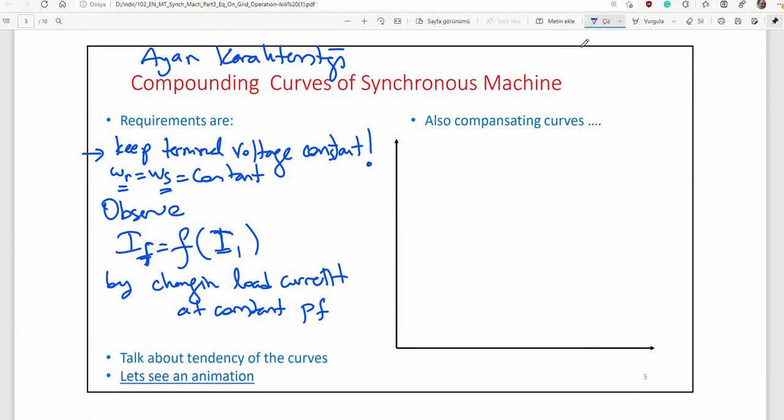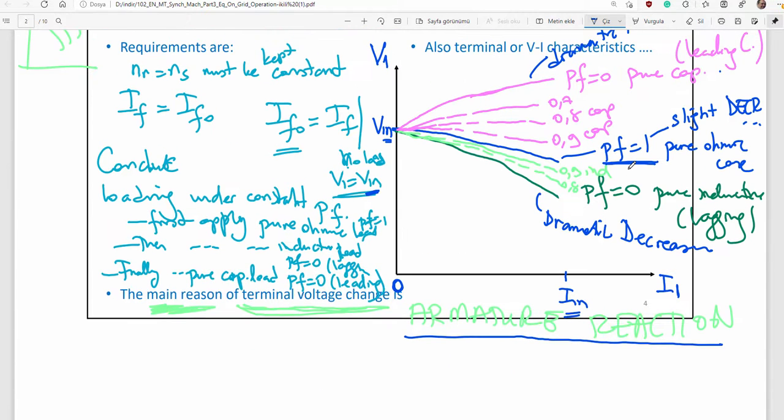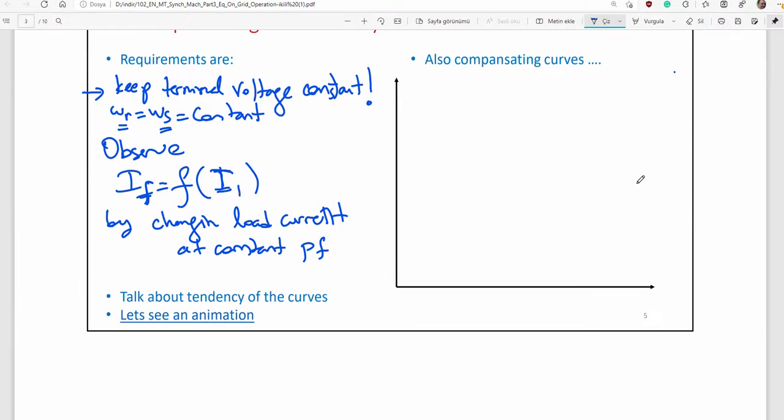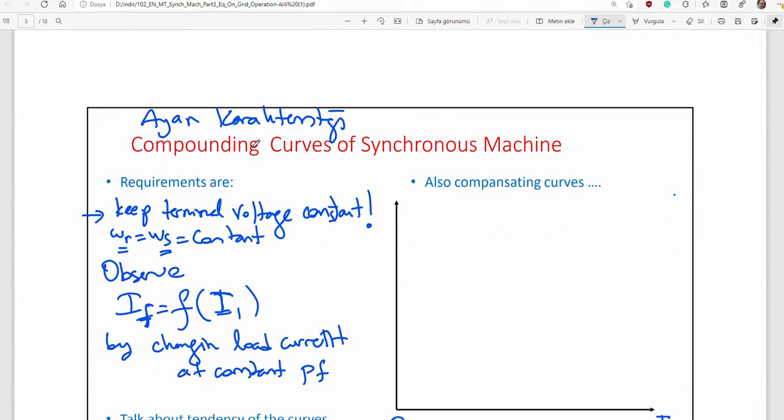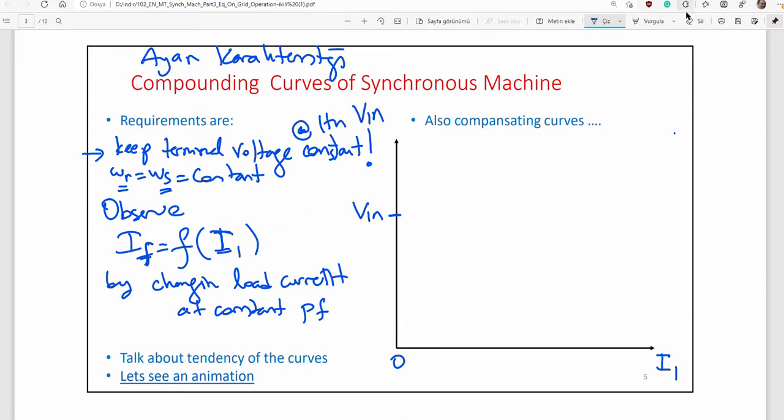Let me explain what the results are, and let me use the same color, blue, for ohmic loading. First, when there is no load current, to keep terminal voltage constant at its rated value, V1 rated.